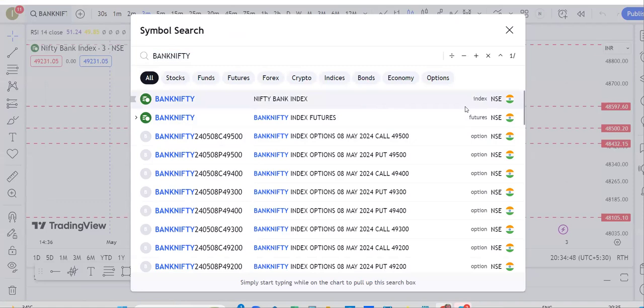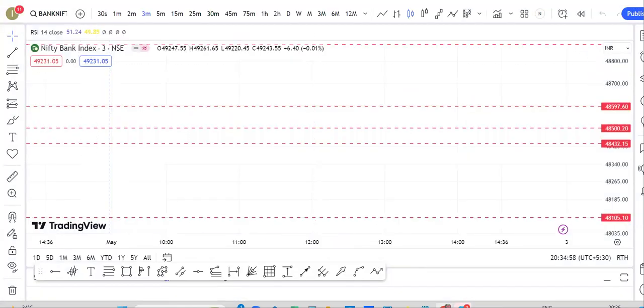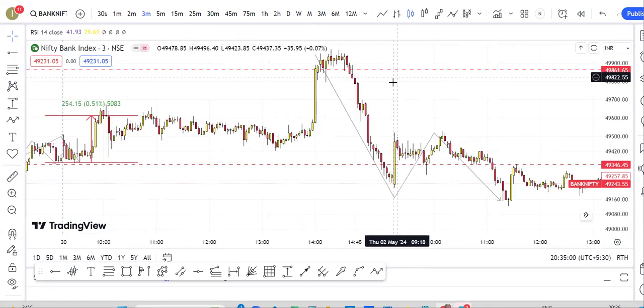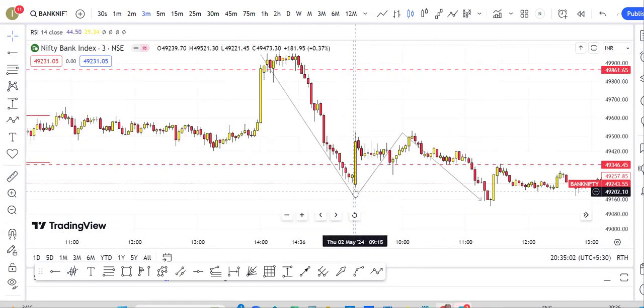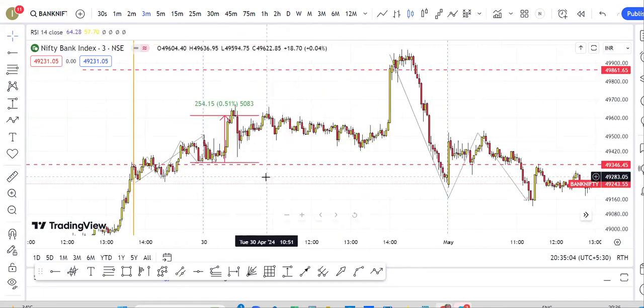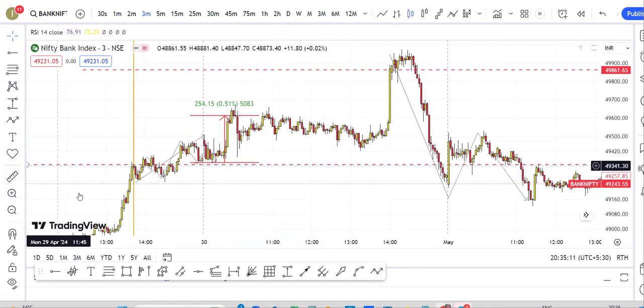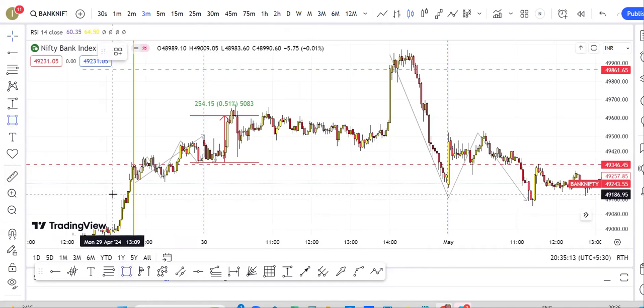So 8th May we are getting. So let us take the example of today's trade. Okay. It came down. Our boundary area was here. So this was the trend structure.